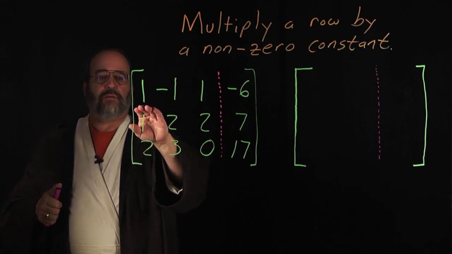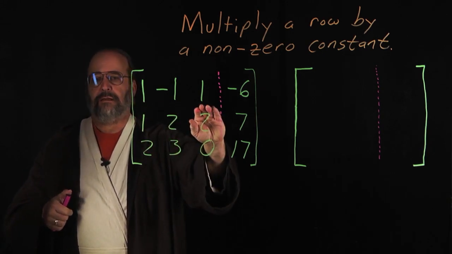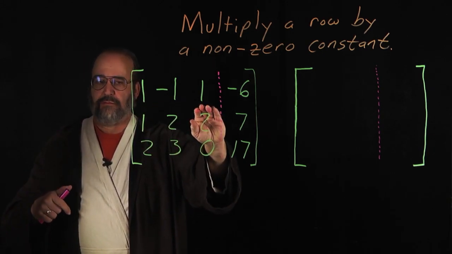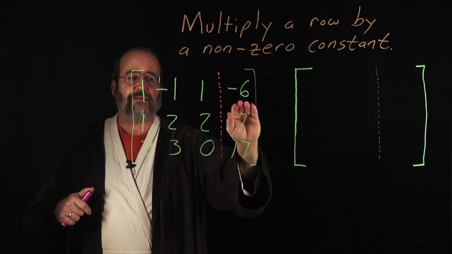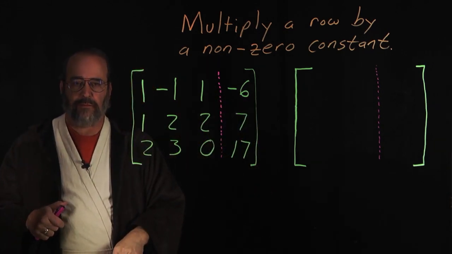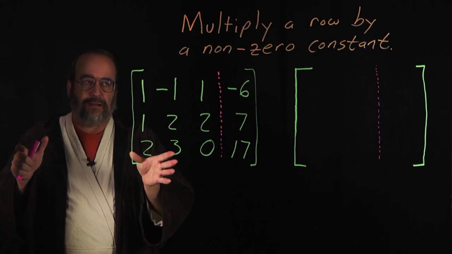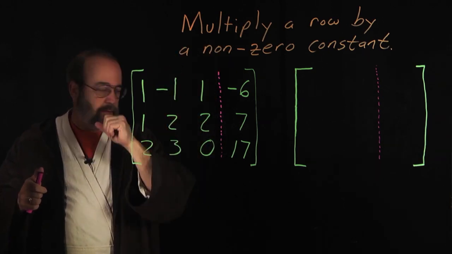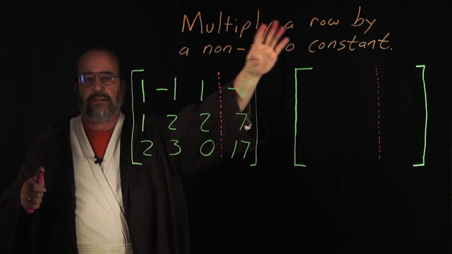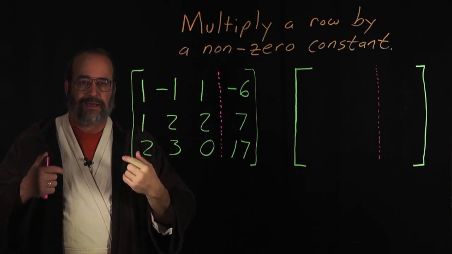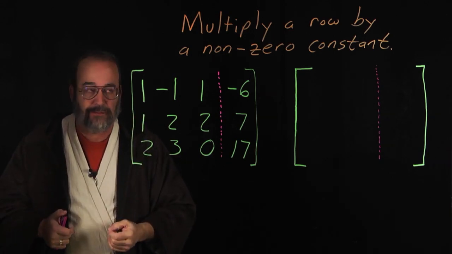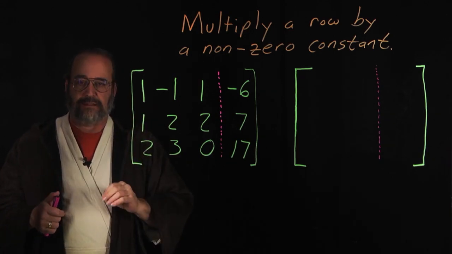As long as we multiply what's on the left side of the equal sign by the same amount as what it's equal to, then the equation remains balanced. That's what this is doing. We're simply multiplying the row by a non-zero constant, can't do zero.